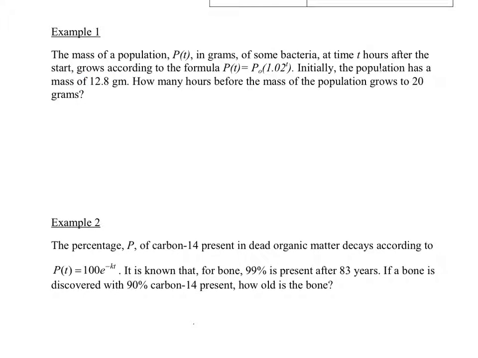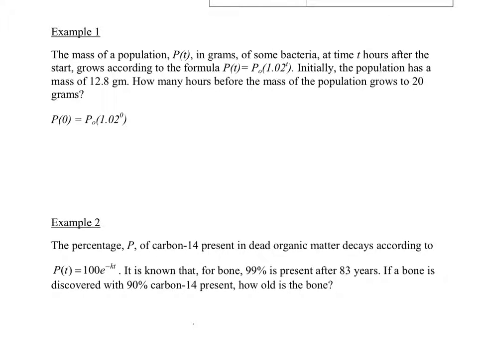In other words, when t is equal to 0, the population has a mass of 12.8 grams. Now that's actually going to give us some information about this equation. What it's going to help us with is to find out what P naught is equal to.